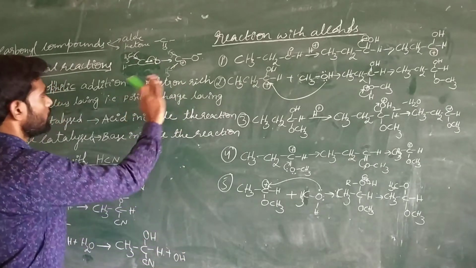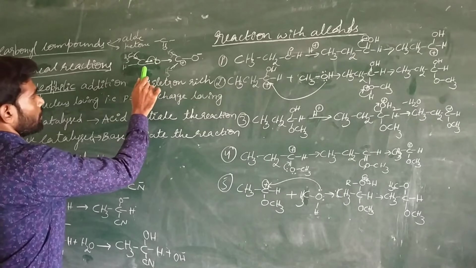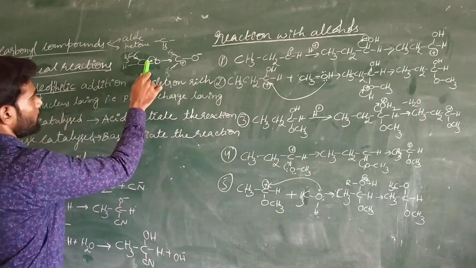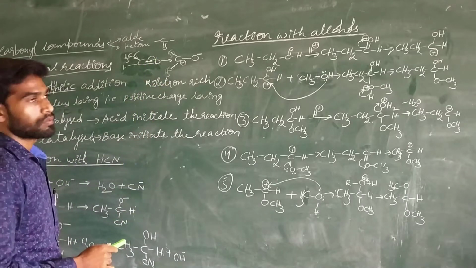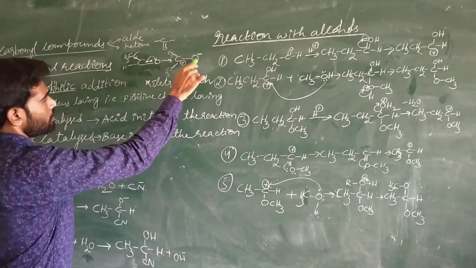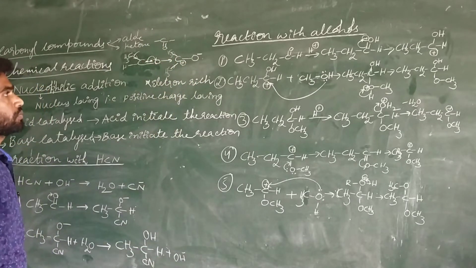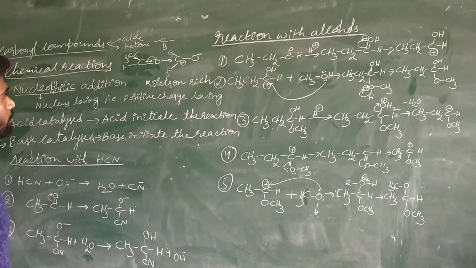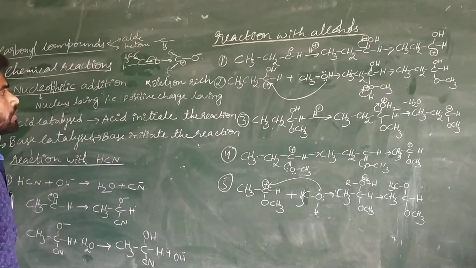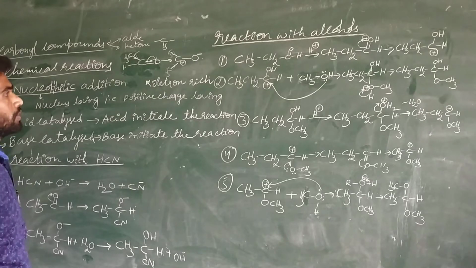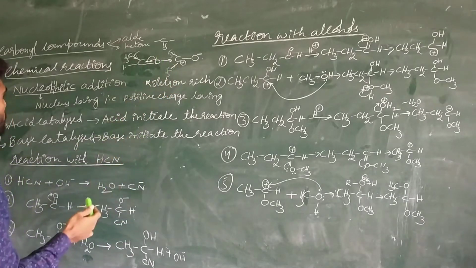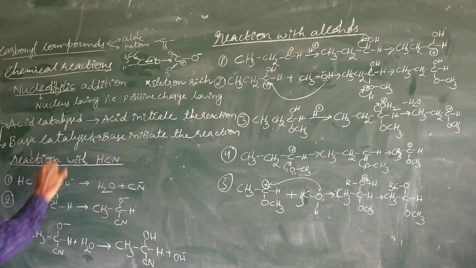So in either aldehydes or ketones, these pi electrons are always moving towards the oxygen atom. Oxygen gets a negative charge and the carbon gets a positive charge. This positively charged carbon reacts with electron rich molecules, for example nucleophiles.